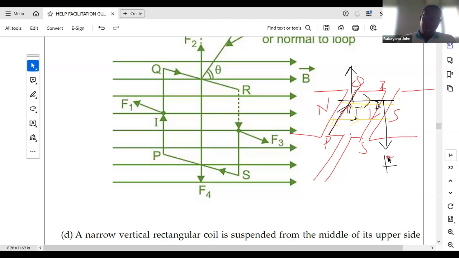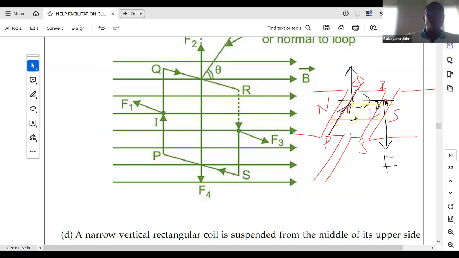F1 and F3 are the two opposite forces we looked at in our sketch here. Then we have other forces F2 and F4, which we have no problem with. They simply cancel out. So it is these two opposite forces F1 and F3 that matter because they turn the coil.